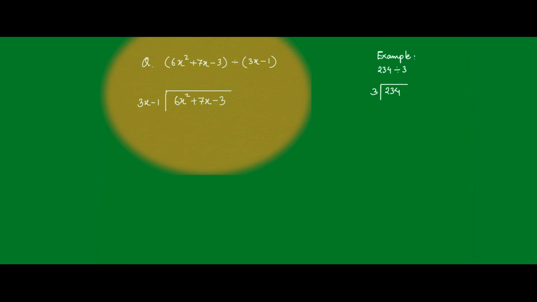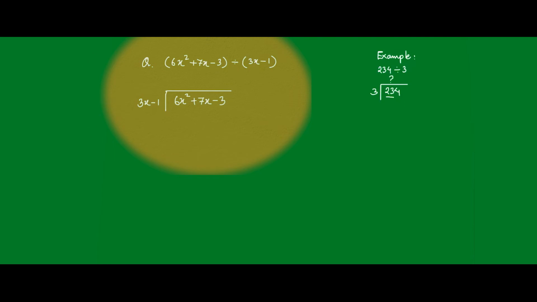The only thing you need to be careful about when we divide polynomials is to check that the polynomial is in the order of decreasing power of the variable, so that the first term always has the highest degree of the variable and it goes decreasing towards the right. That is the only important thing you have to take care of. Here it looks fine. The first term has the highest power, the second term has a lower one, and then it goes on. So it's fine.